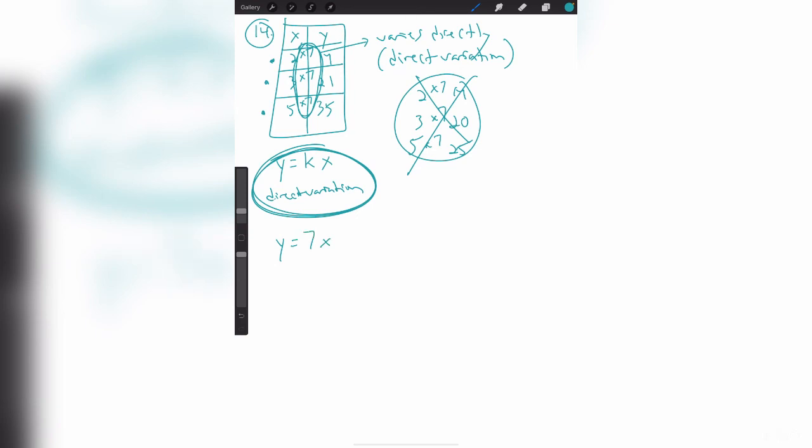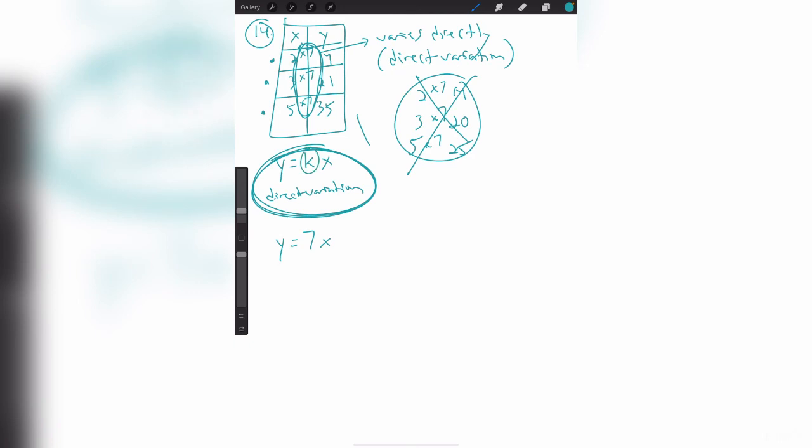Okay, so going back up to this table, if you were to say 7 times 2, you get 14. 7 times 3, you get 21. 7 times 5, you get 35. So our constant of variation in this case would be k.